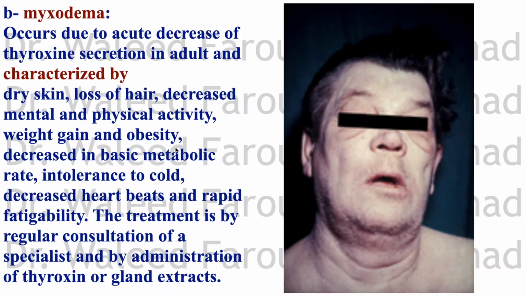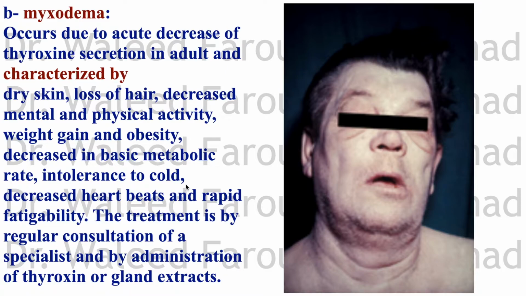It's characterized by dry skin, loss of hair, decreased mental and physical activity, laziness. Like general condition is laziness, weight gain and obesity, and there's decrease in the basal metabolic rate and intolerance to cold. ما بيقدرش يتحمل البرد.